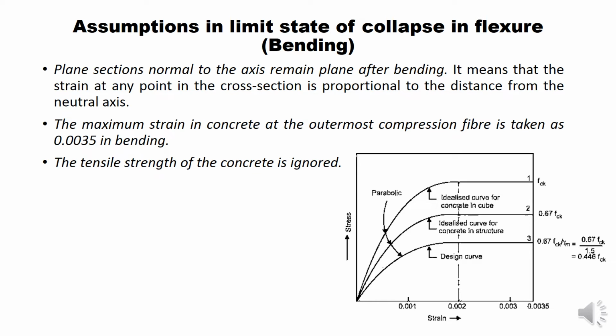Even if we consider a beam and test it, whatever failure load you get, if your model gives that result, then you can say it is in good agreement with the experimental result, and the stress block that you have proposed is valid.